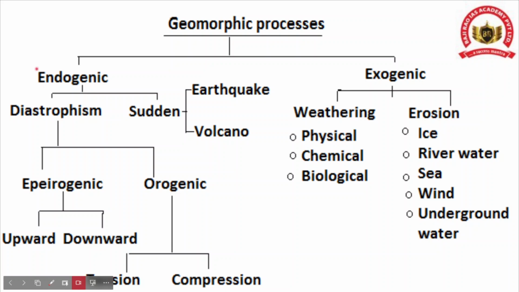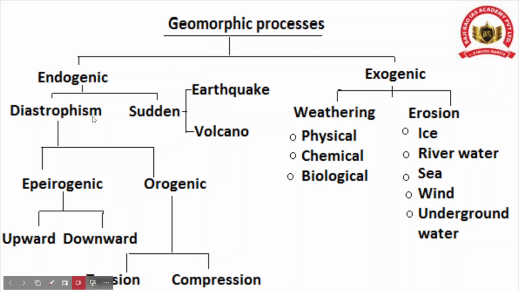If you look at the endogenic forces, they are further divided into two types: diastrophism and sudden movements. Sudden movements like earthquakes and volcanoes are categorized as endogenic sudden movements. On the other hand, diastrophism involves gradual movement.